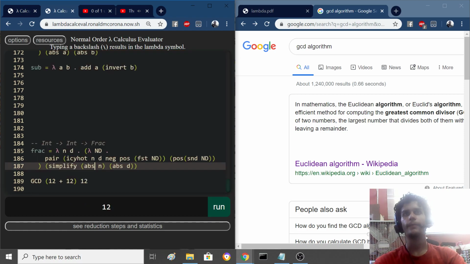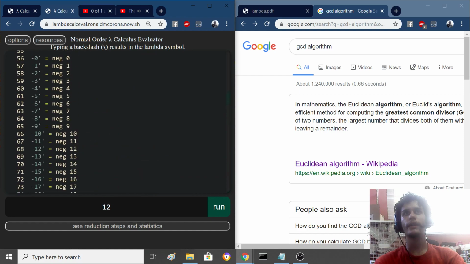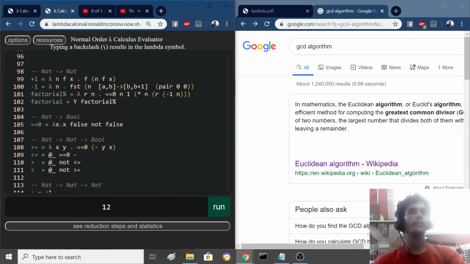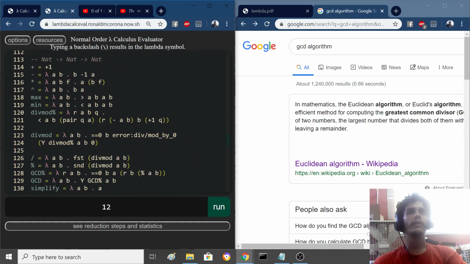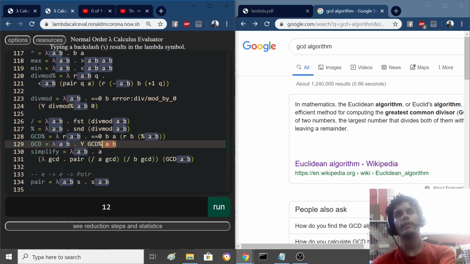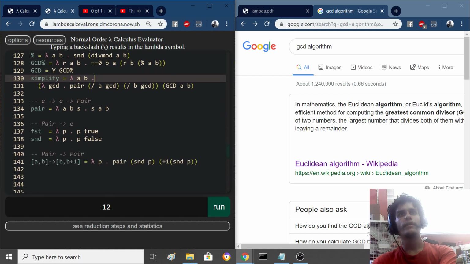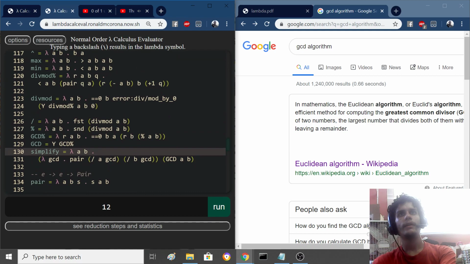Still 12. Okay. Another thing, the function composition can be written a little different or nicer actually, but we can remove this a and b here. And we could just say it's YGCD. Can I do that anywhere else? I think maybe I can.